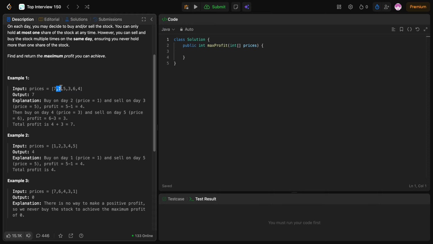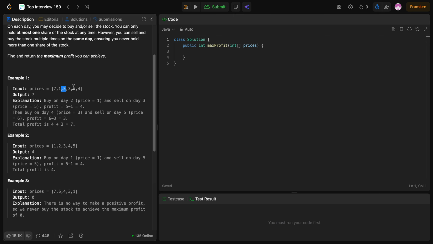Otherwise, it would be lower, which means you would keep going. So once you're at the lowest value, the day that you're buying a stock, you then know that the next day is when you can sell that stock. But you're going to keep on iterating to see if the next day goes any higher. If it doesn't, if the day after is lower, then you can sell the stock here.